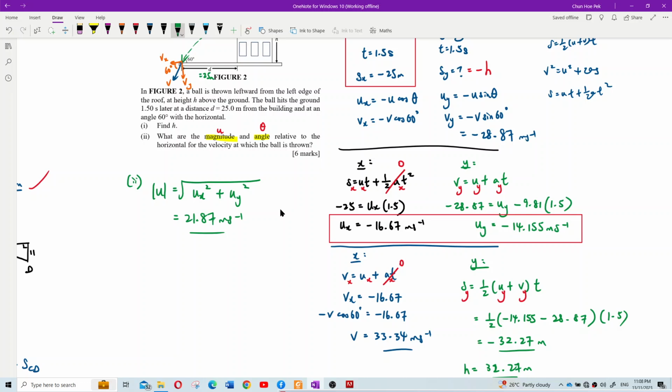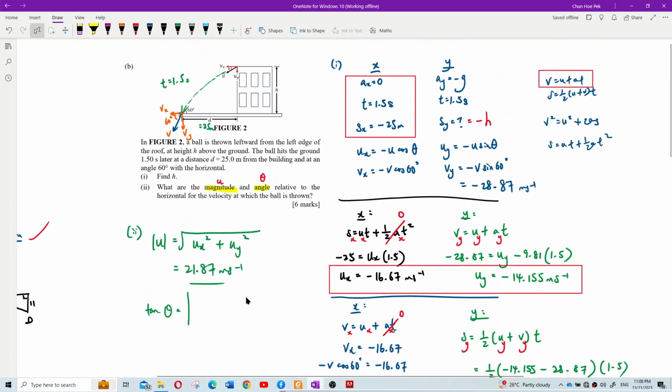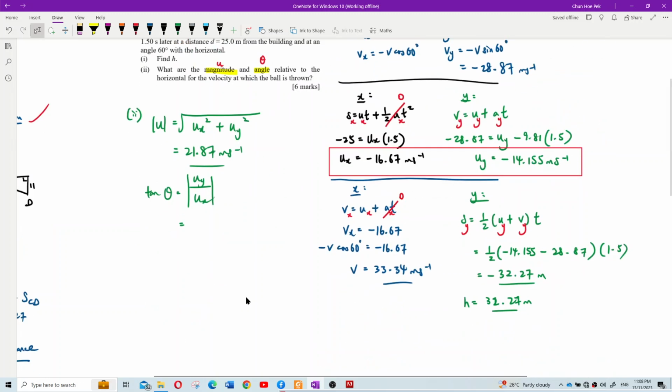And then for the direction, tangent theta is uy divided by ux. Uy over ux. Okay, so uy is negative 14.155, and this is negative 16.67. So what's the theta, class?